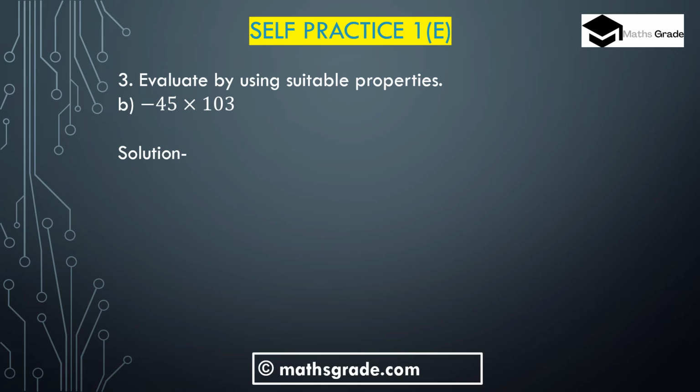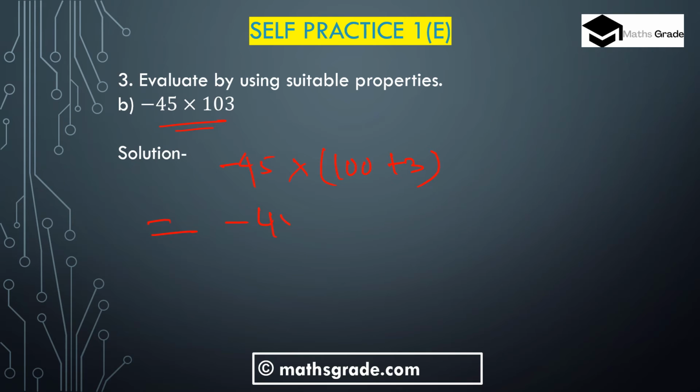Now part B: evaluate by using suitable properties. Minus 45 multiplied by 103. We can write 103 as 100 plus 3.